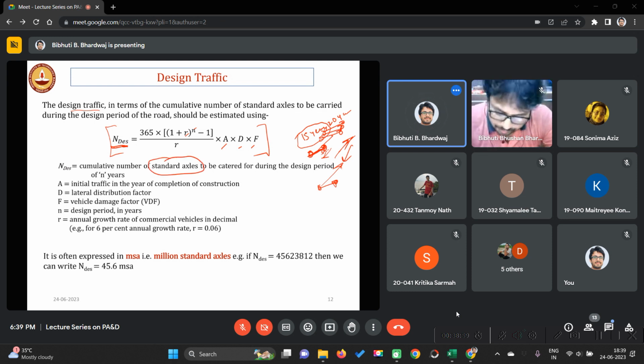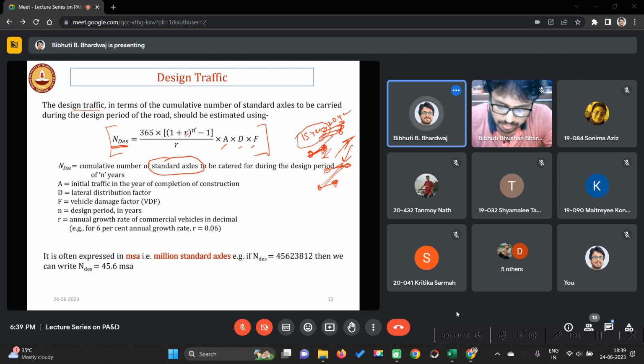That means standard axle load, because all the axles will be carrying different loads. A truck axle will be carrying more load than a bus axle because of the obvious difference in their load, right? In trucks also, there can be an empty truck, there can be a truck carrying steel rods. So there will be differences in axles.